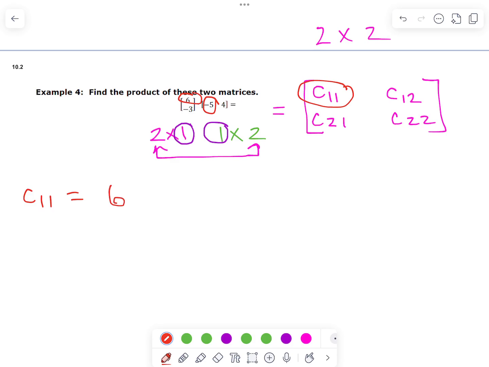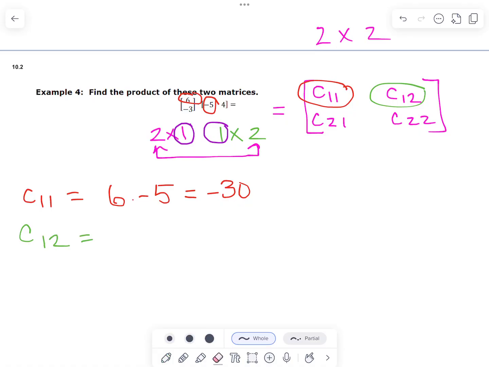So 6 times -5, which is -30. Then we do C12. So row 1, column 2, 6 times 4, and we get 24.